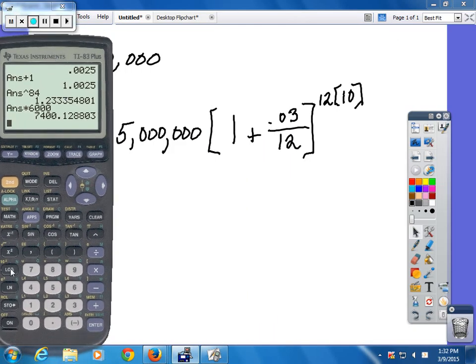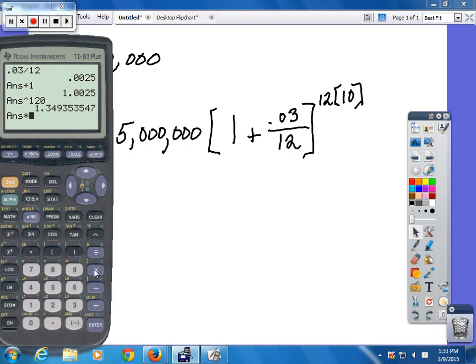All right, hold on. 0.03 divided by 12 plus 1 raised to the 120th power times 5 million.